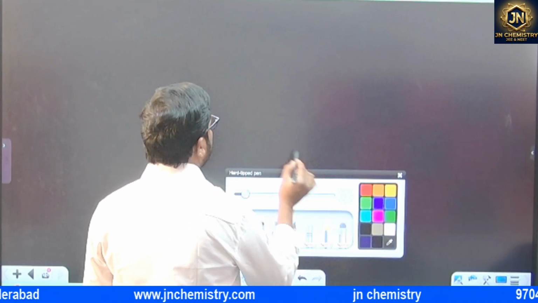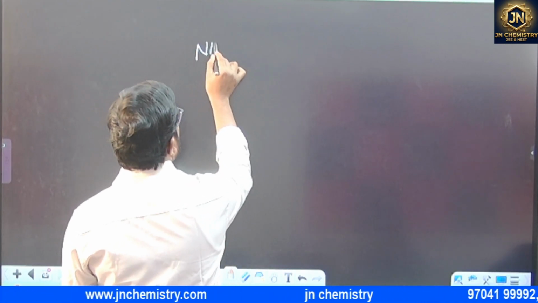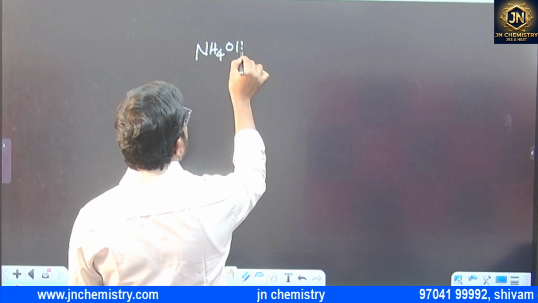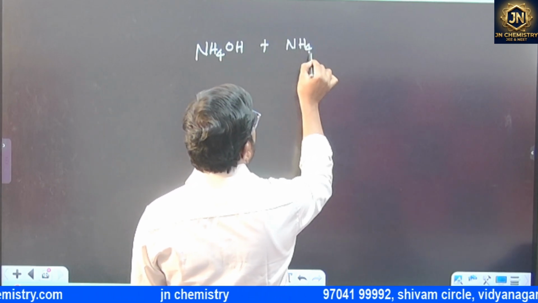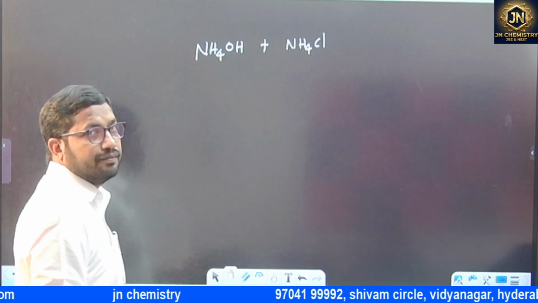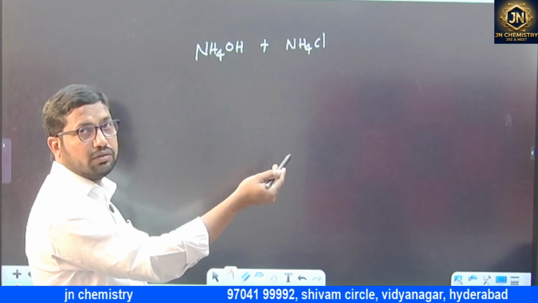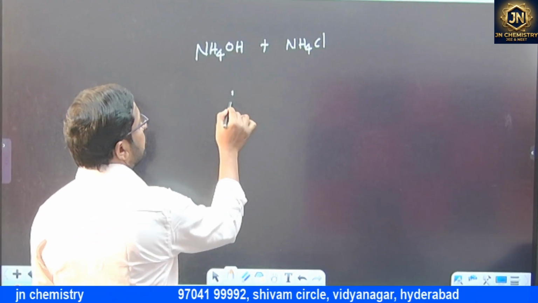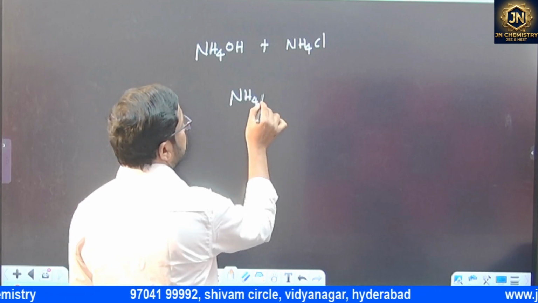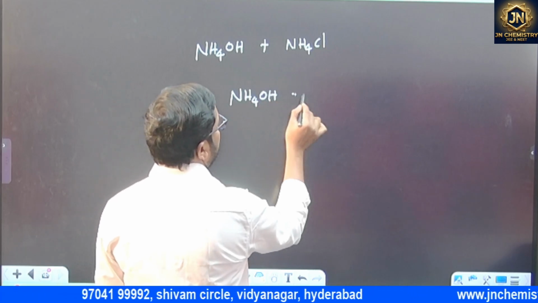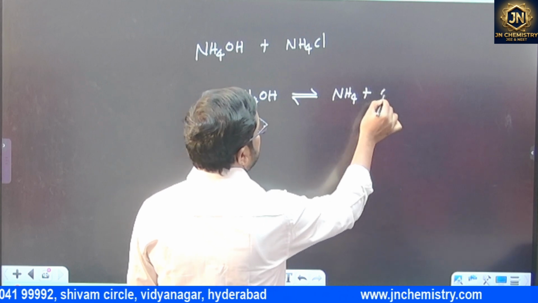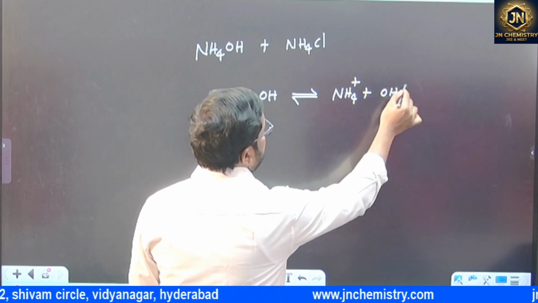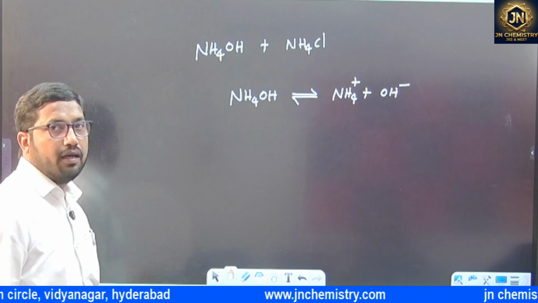For example, basic buffer for OH minus: a weak base and its salt with a strong acid. Weak base, how can we write? NH4OH gives rise to NH4 plus and OH minus, right?